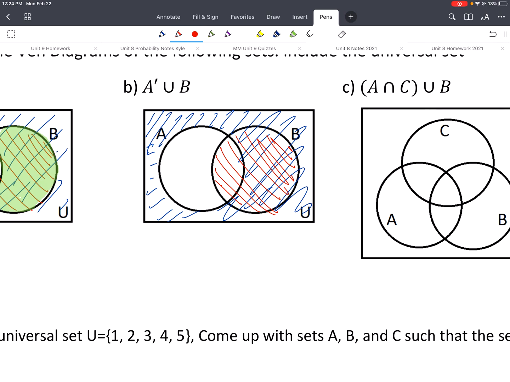So we'll take all of B and all of A complement. If we were to shade this, it would be everything that has color. So it'd be that little half moon that wouldn't be colored. Okay.